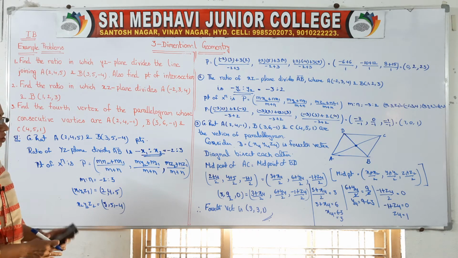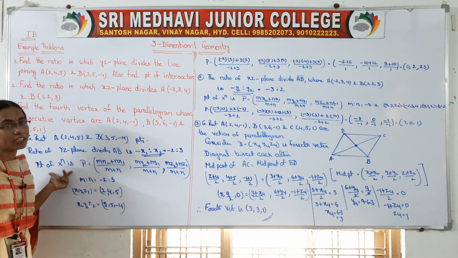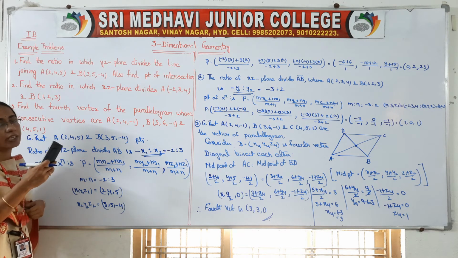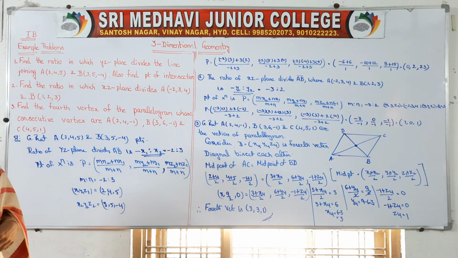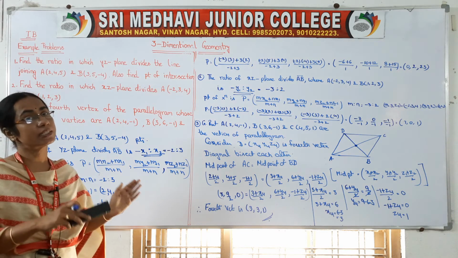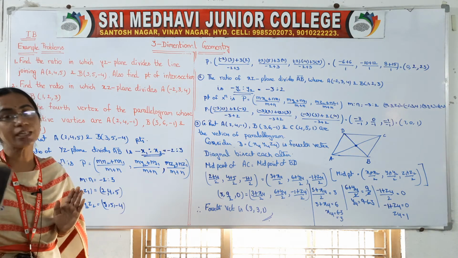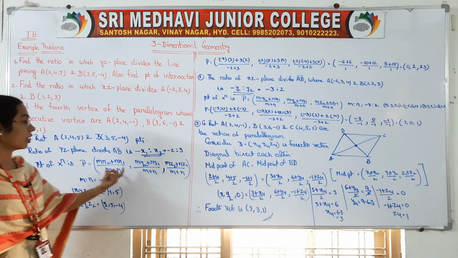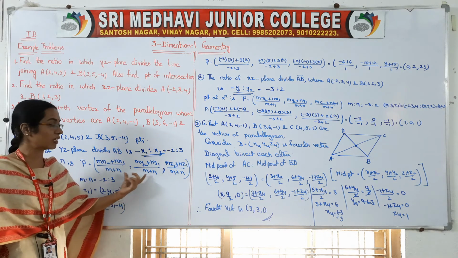Once we got the ratio, we can find the point of intersection. In the question they asked for the point of intersection. That means at what point this YZ plane divides the line AB. So, that point of intersection formula is this one.